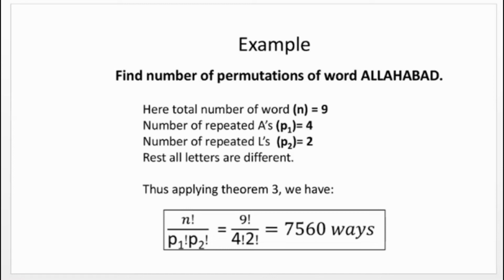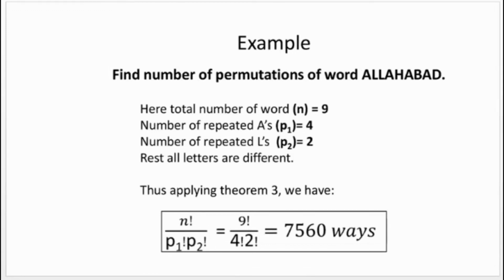But in this case, A is repeated, 1, 2, 3, 4, 4 times. A is repeated 4 times. L is repeated 2 times. So what does that mean? Out of these 9 letters, when arranged, the remaining ones create the same meaning. If you put the 2 letter L in the second position or third position, both are the same.